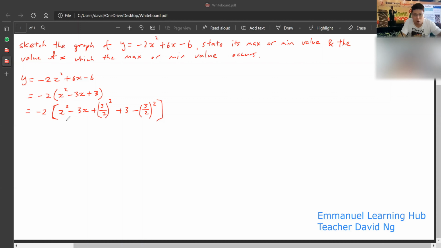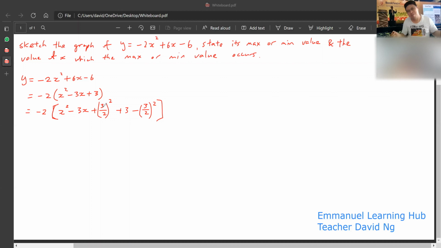So whatever your original expression is, you have to make it in such a way that the expression you are completing the square for has coefficient of x squared positive 1. Cannot be -1. With -1, you have a hard time doing the question. Trust me.